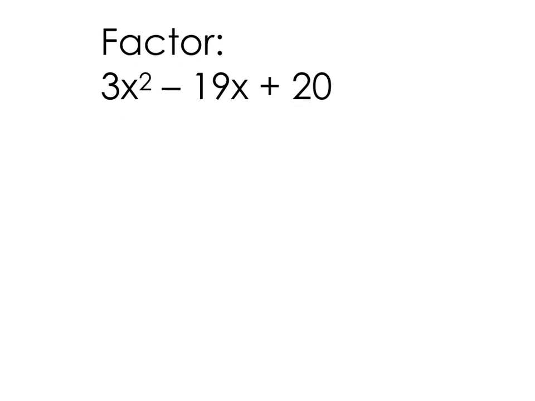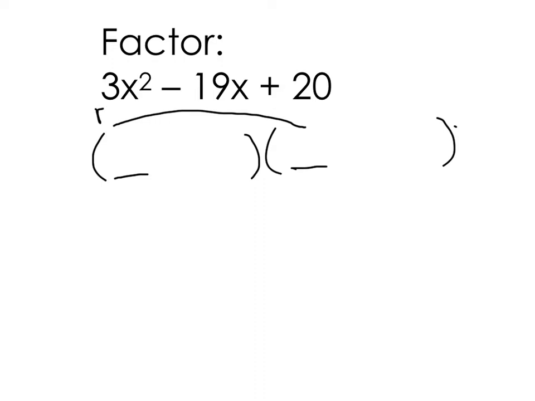You can see right away there's a 3 in front of that x squared. So we're going to create our double set of parentheses. We need to put something in the first position so that when we multiply them, we will get 3x squared. Let's put a 3x here and an x here. That makes sense. 3x times x is 3x squared.